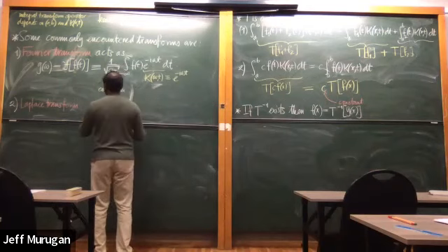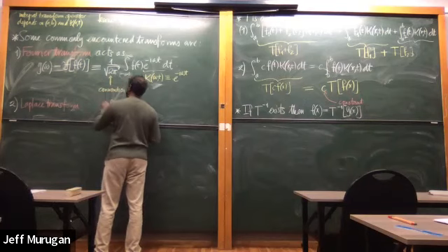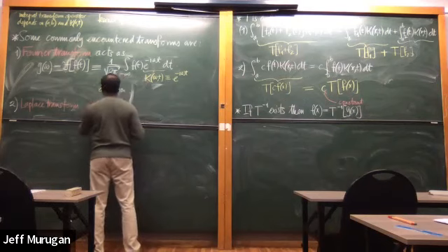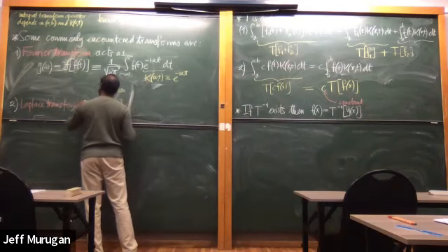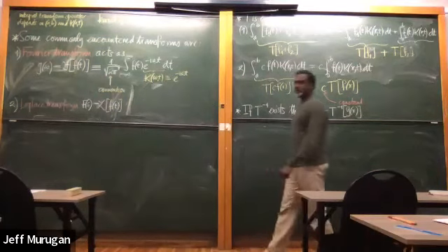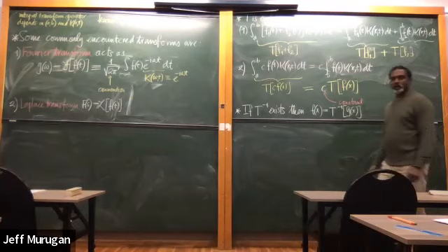So here, given some function f of t, the Laplace transform acts to take f of t to some new function, which is conventionally denoted by the capital of whatever the function is, in this case, F of s.